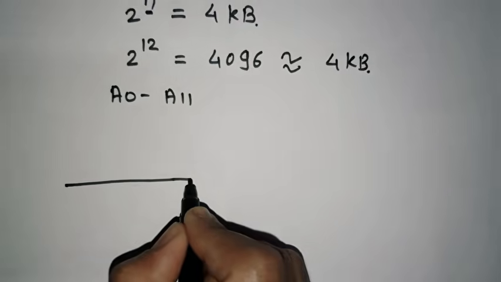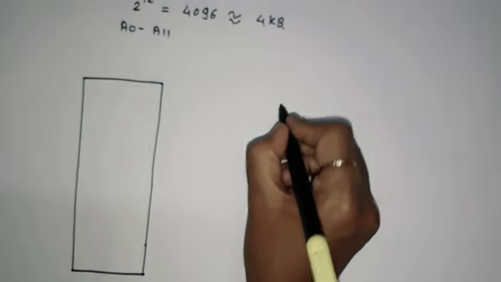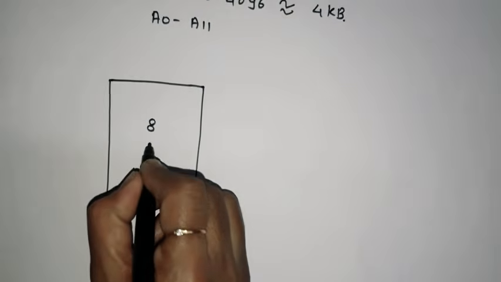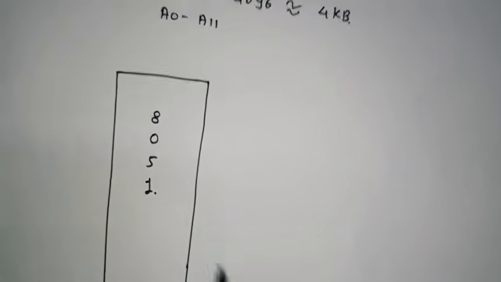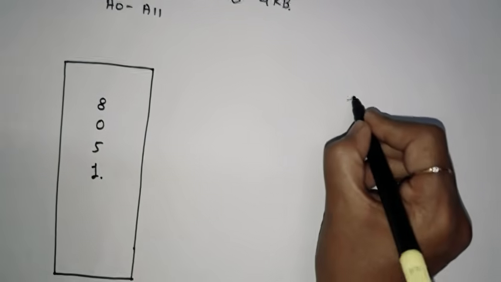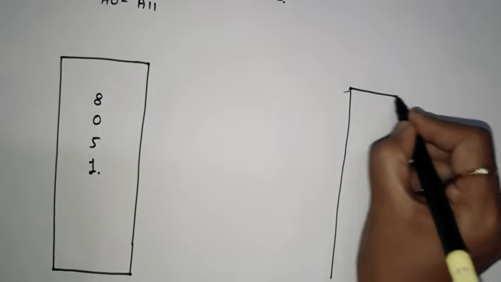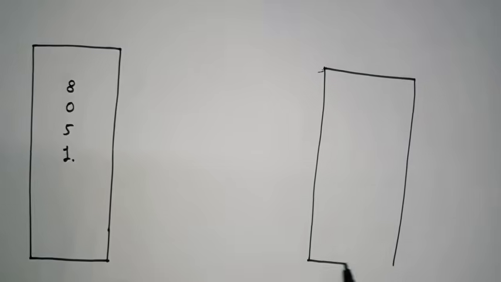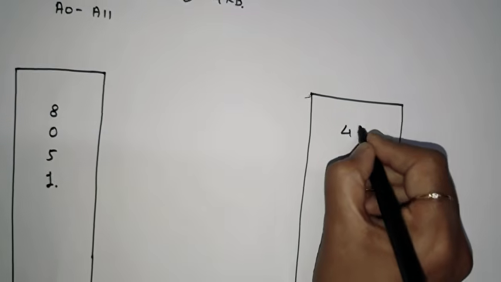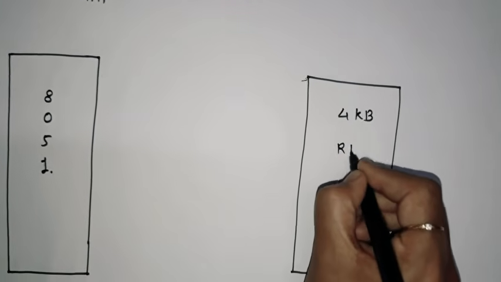Suppose this is the controller IC 8051 and this is the memory chip, 4 kilobyte RAM.